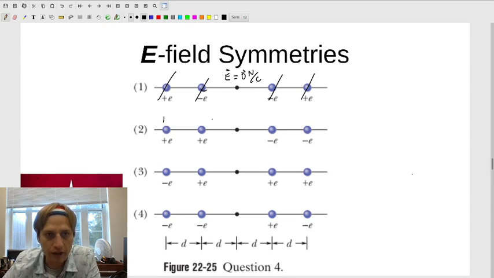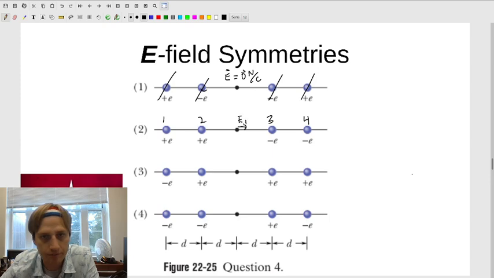On the other hand, if we say 1, 2, 3, 4 are our different electric field contributions for this, well, for particle 1, it's far away from the center, so we expect the electric field to be pointing out, so there would be my E1.